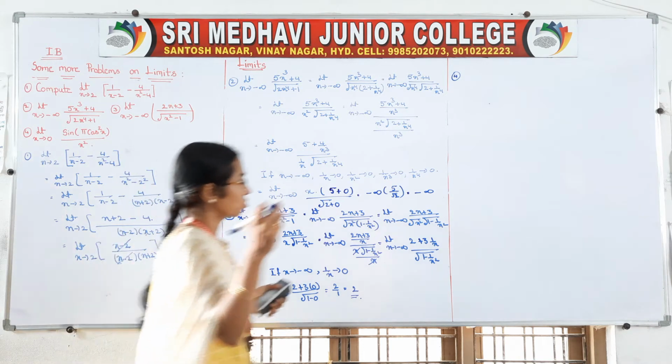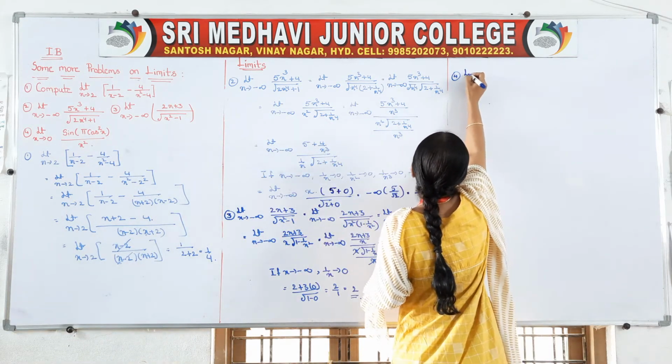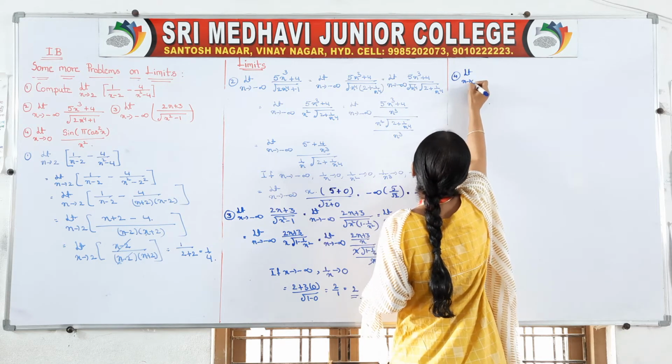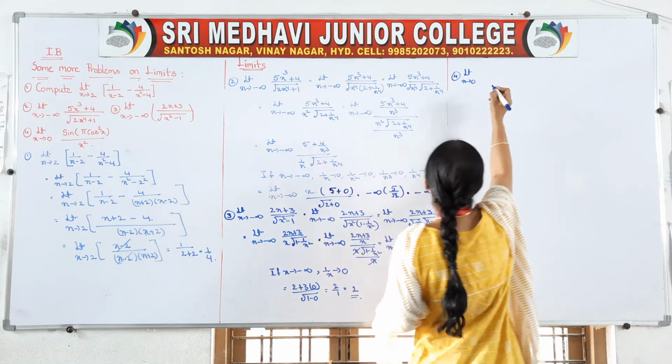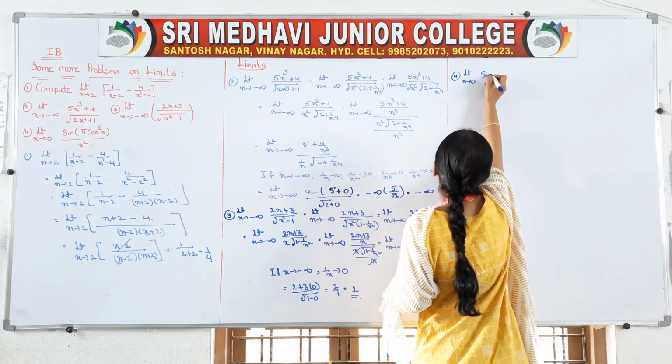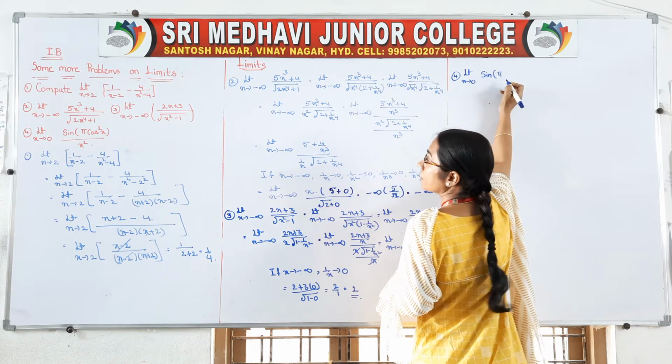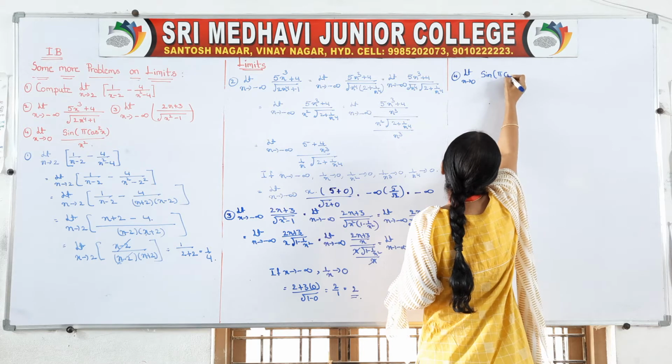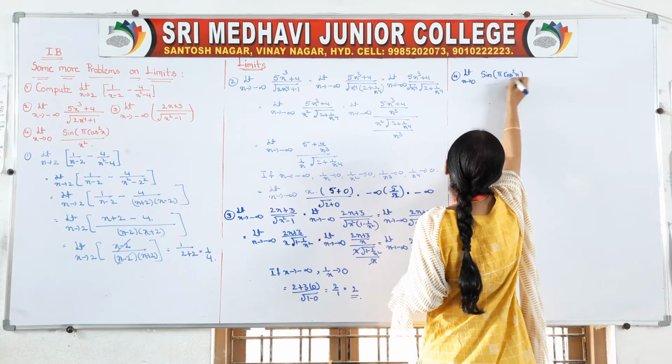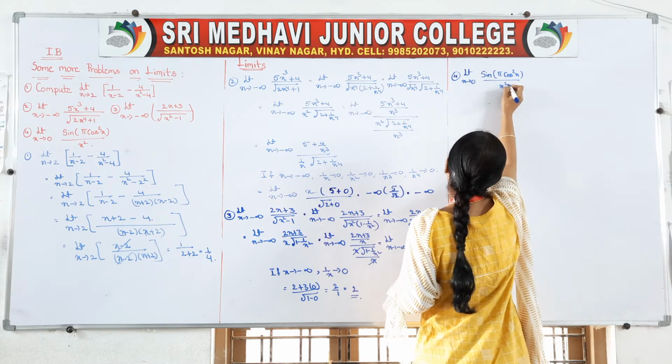Limit x tends to 0, sine of pi cos square x by x square.